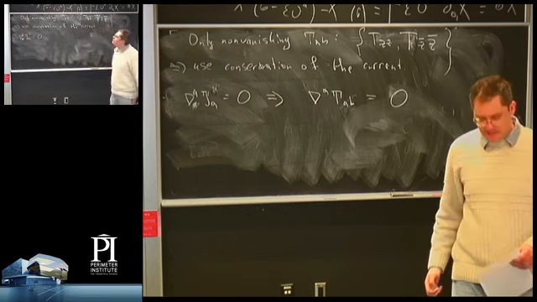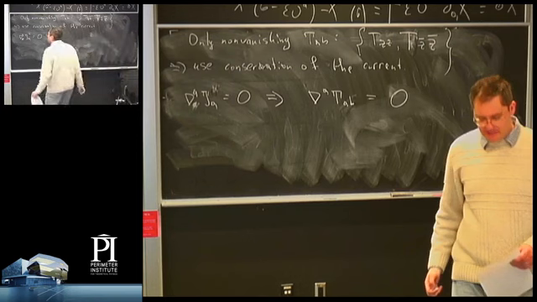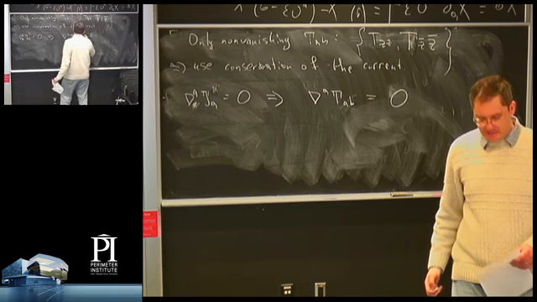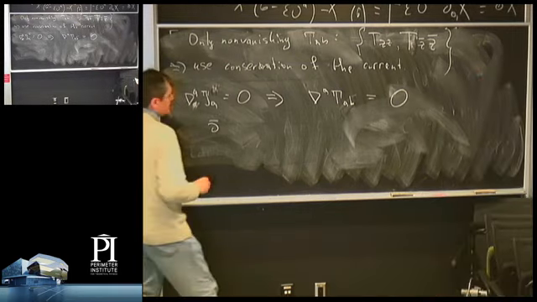But notice that our current is defined on top of the stress energy tensor up to a function v^B. And so this is equivalent to saying that nabla^A T_AB equals 0. So we have a conservation law for the full stress energy tensor.